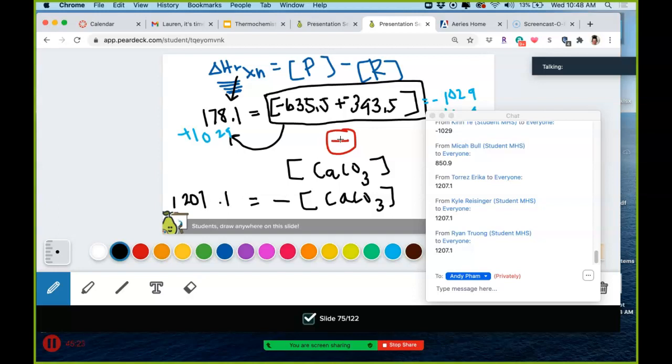But remember, this is minus calcium carbonate, so that minus is still here, so I need to move this over. So calcium carbonate's enthalpy of formation value is negative 1207.1. Because remember, it's products minus reactants, so that minus has to get moved over here. Any questions on that? So again, it's just a different rearrangement.